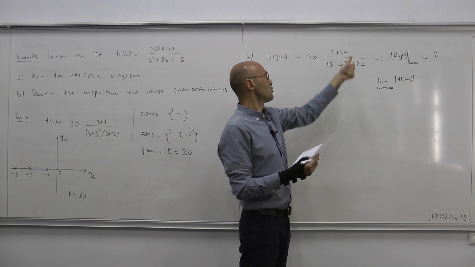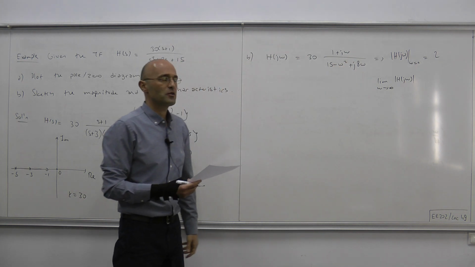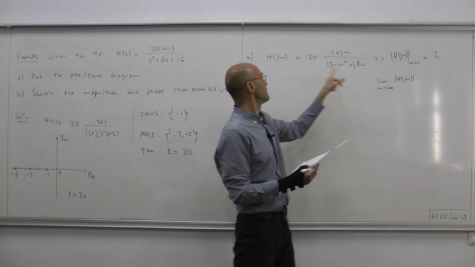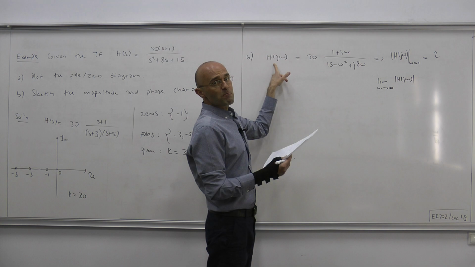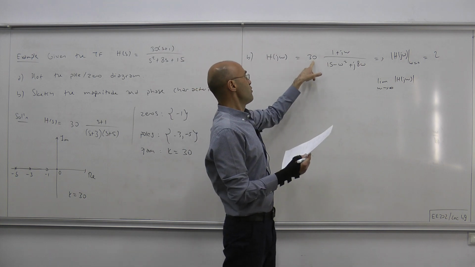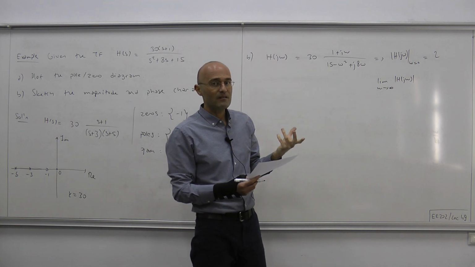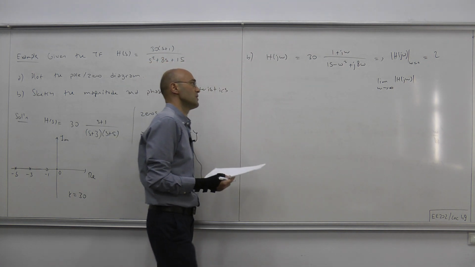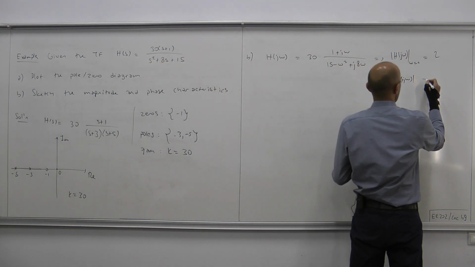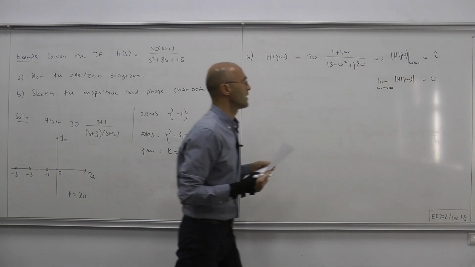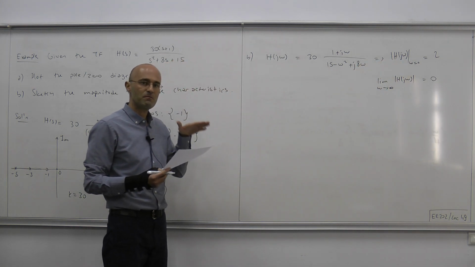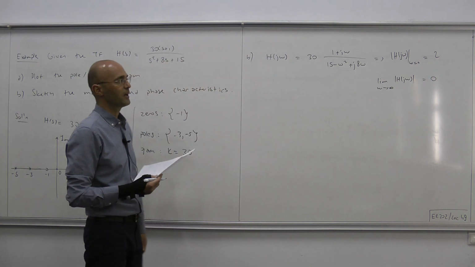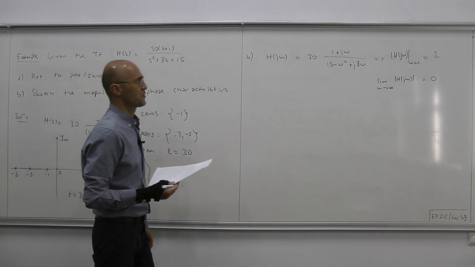Since omega squared dominates omega, as frequency becomes larger and larger, the gain converges to 30 over omega, okay? And that 30 over omega, clearly, when omega is very, very large, is 0. So therefore, at very high frequencies, we see not much at the output side, if H of s is the transfer function of a filter.